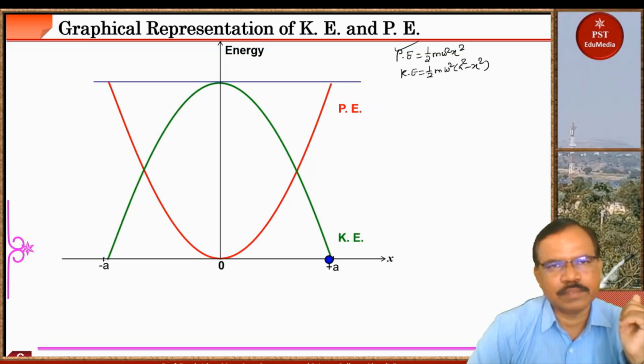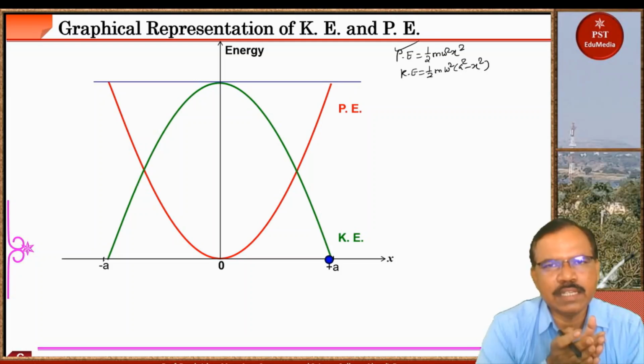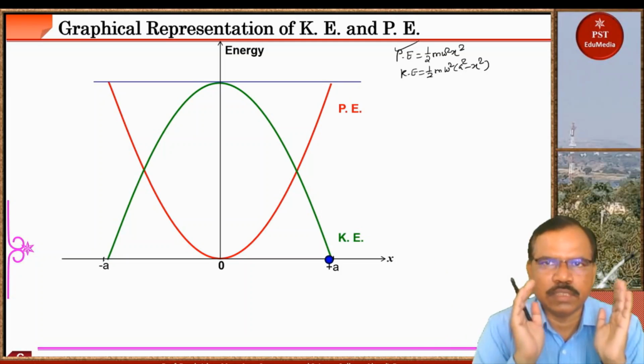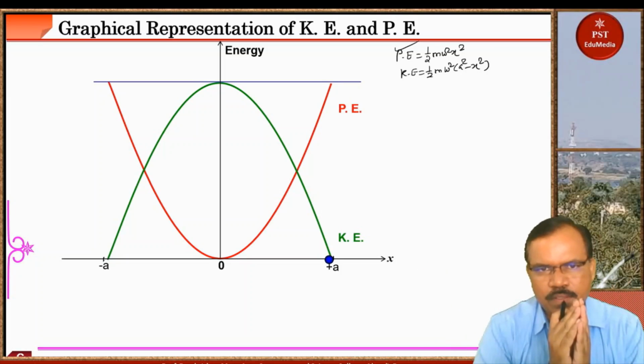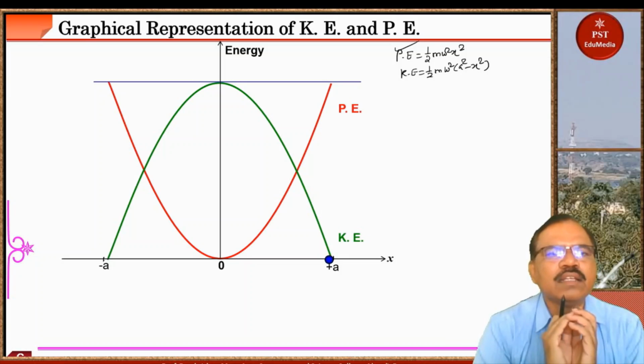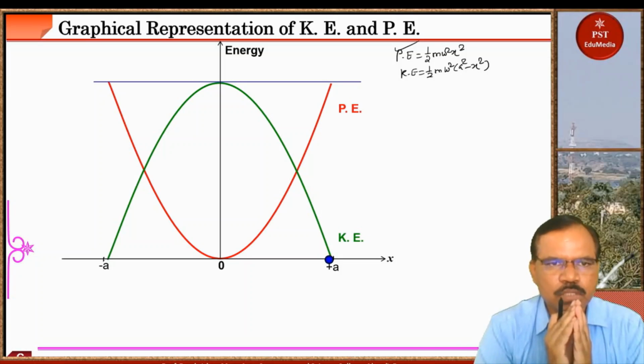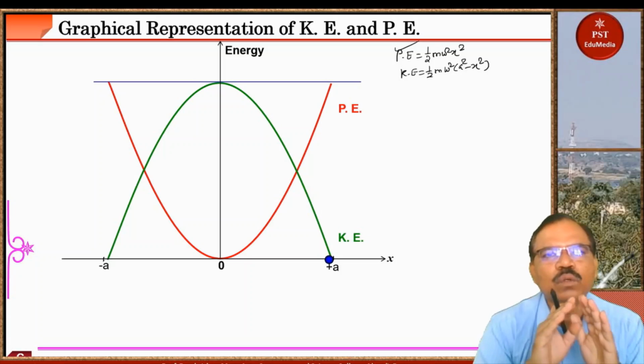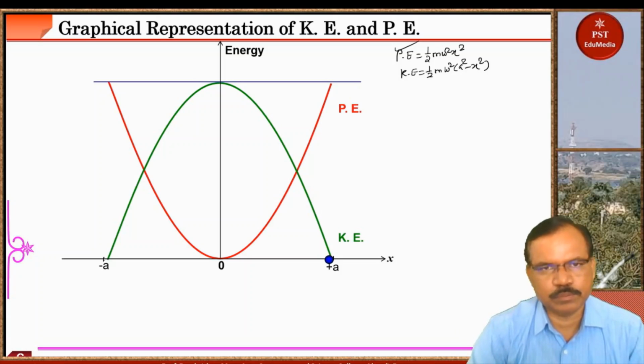Now if we see here, potential energy goes on increasing on both sides from equilibrium position parabolically, and it is minimum at equilibrium position, that is x is equal to 0. While kinetic energy is maximum at equilibrium position, and it goes on decreasing on both sides.